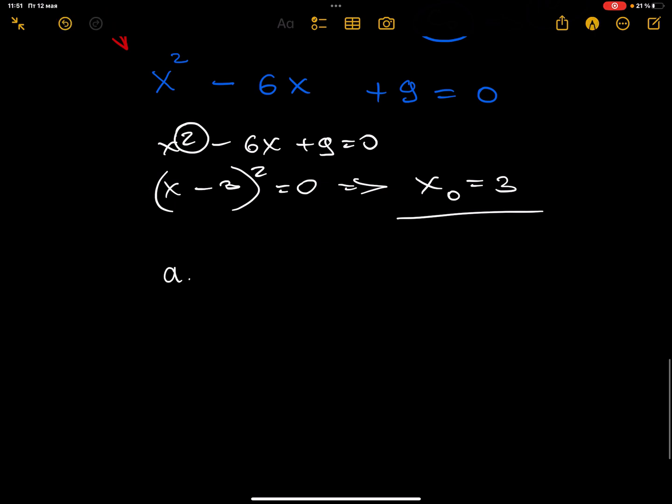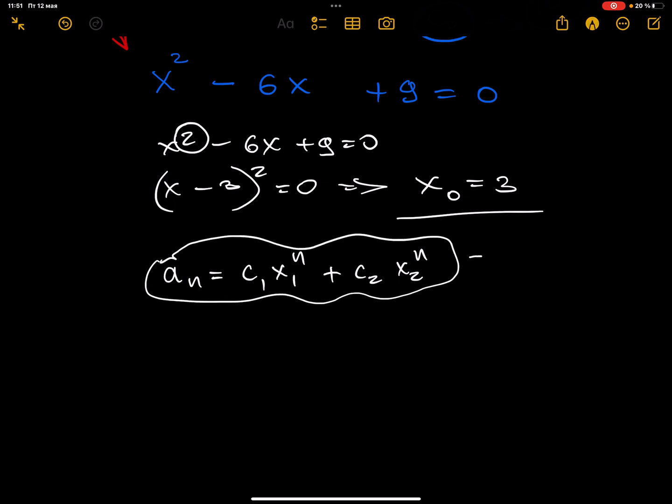So our an is gonna be c1 x1 to the n, plus c2 x2 to the n. This is a typical equation when there are 2 roots, in, of course, a second order polynomial equation.